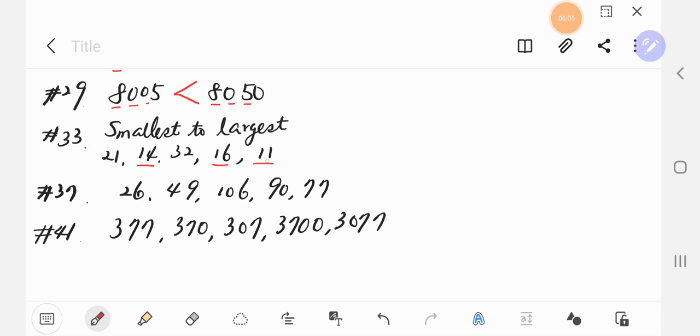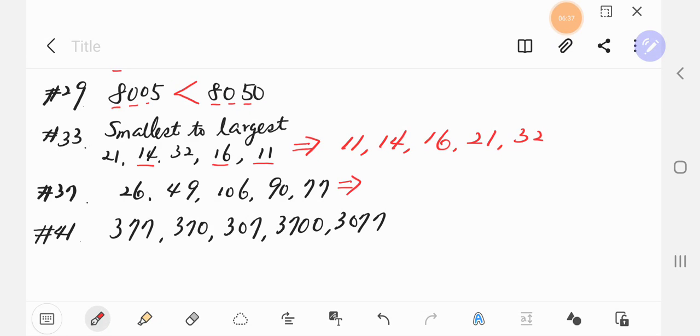The ones digit is 1. So 11 is the smallest. And the next larger one is 14, then 16, and 21 and 32. So these numbers are in order from the smallest to the largest.